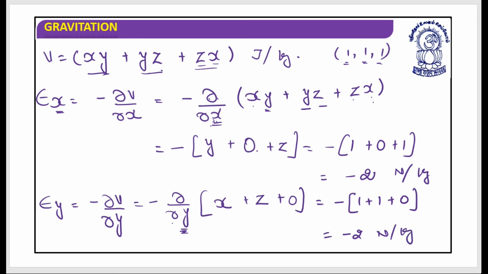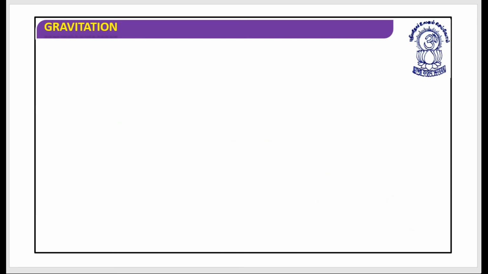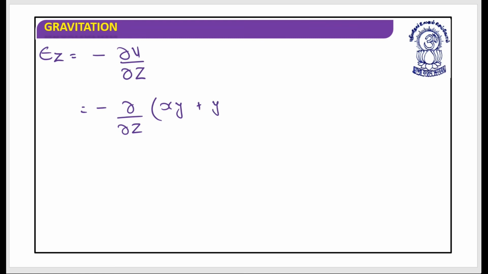Let's find it out for the Ez as well. That Ez should be equal to minus del V by del Z. This is equal to minus del by del Z of xy plus yz plus zx. When I write this, x and y are both constant, so it's minus of 0.